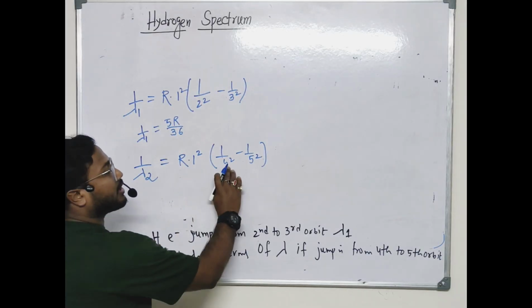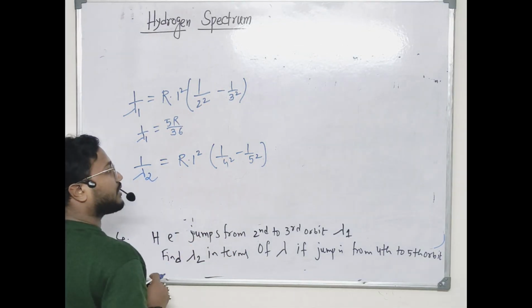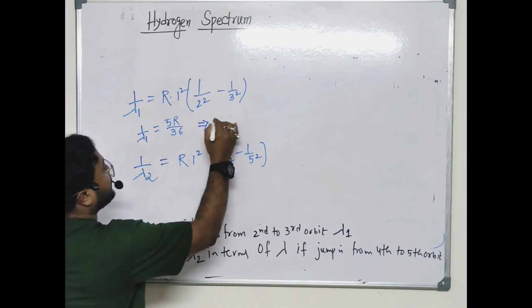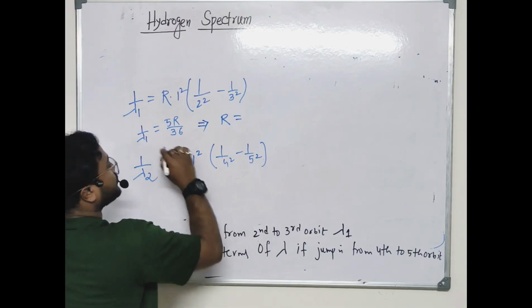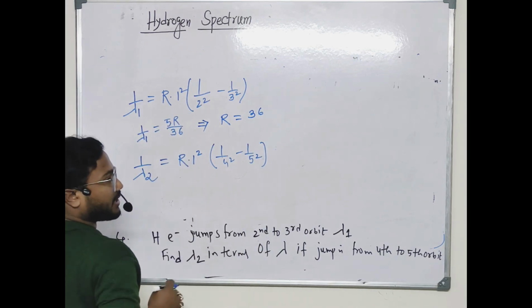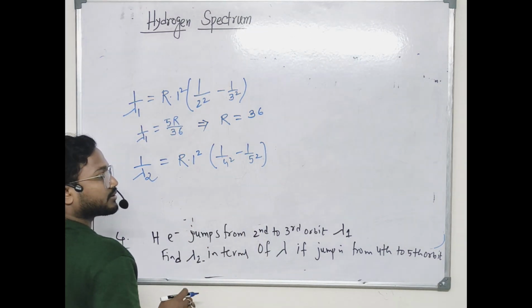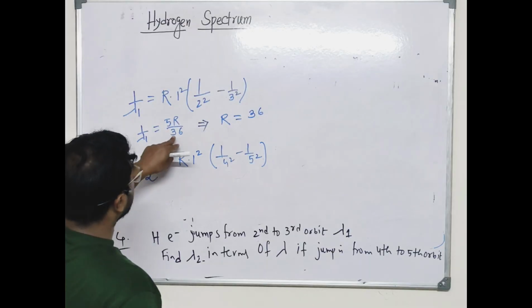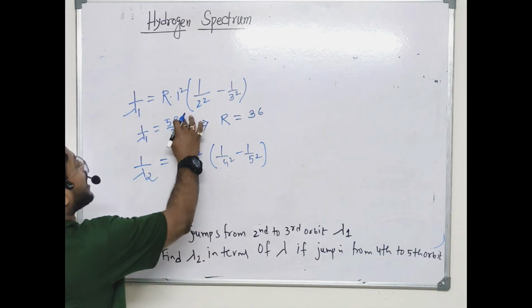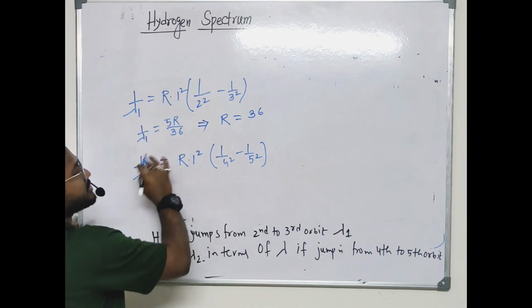So 9 divided by 16 into 25. So from here I can get some value of R. It implies R is equal to 36 divided by 5 lambda 1, since 1 by lambda 1 is 5R by 36.